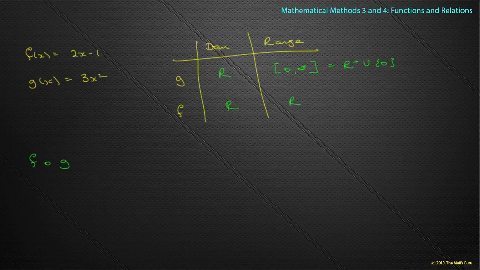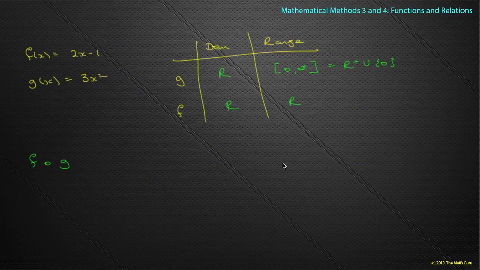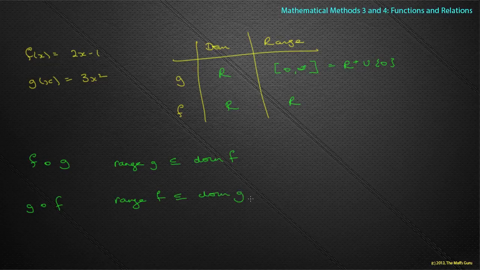Well, if we go back and just check our previous knowledge, fog, so we've got to have the range of g and the domain of f. So that is given by the range of g has got to be contained in the domain of f, and let's just see g o f, that would give me the range of f has got to be contained in the domain of g. Well, is that actually possible?